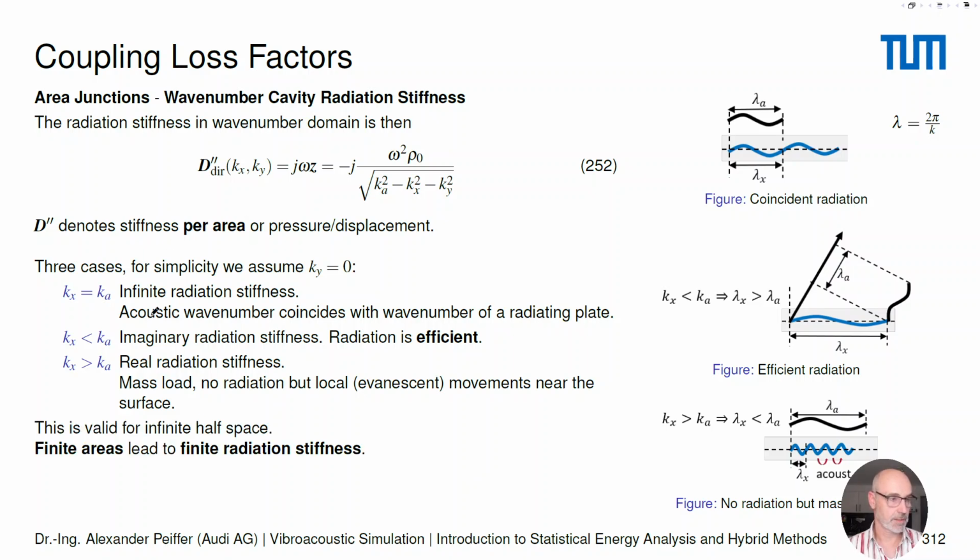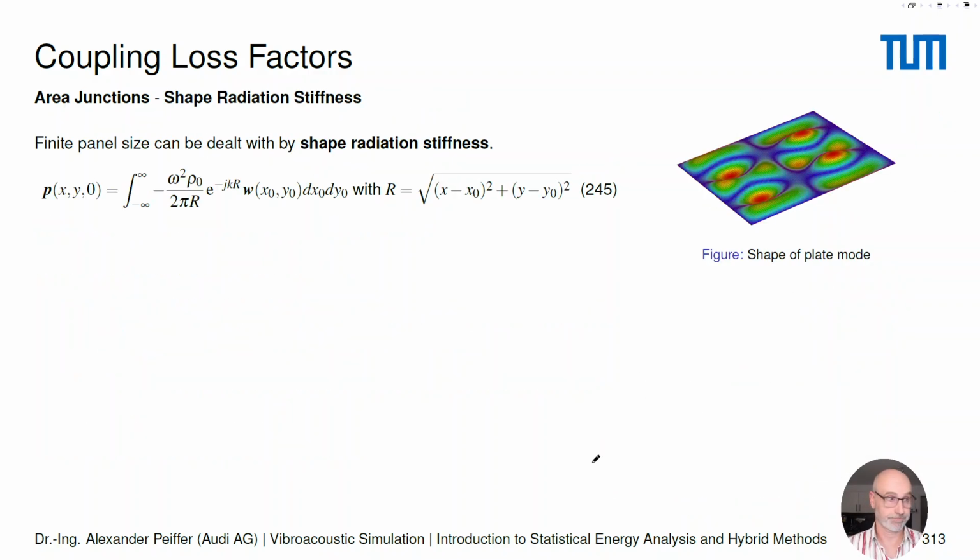However, especially this coincidence, the infinite radiation stiffness, only comes from the infinite radiator situation. If it is a finite area, it's definitely not infinite, but however, it is high. So if you would like to avoid radiation, you should definitely avoid the coincidence situation.